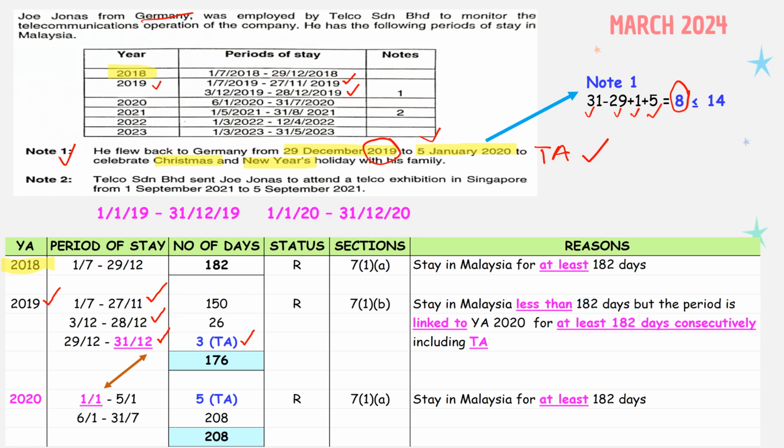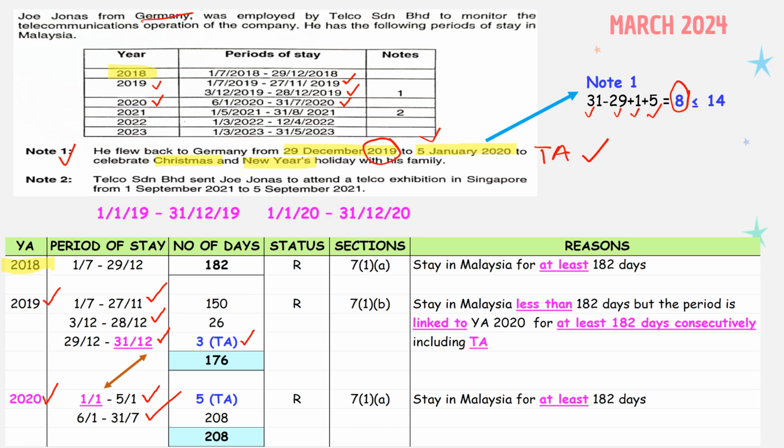So continue our TA 1st January until 5th January. Alright. At the same time, guys, let's do our 2020, since now we are recording TA for 2020, right? Let's record 2020. So 2020 continues from 6th January until 31st July. Okay, now we have done recording our period of stay.